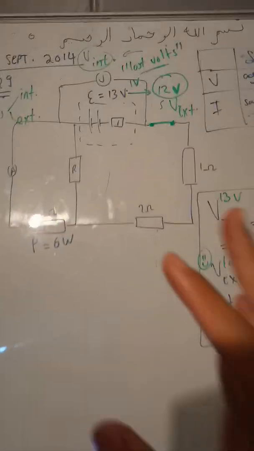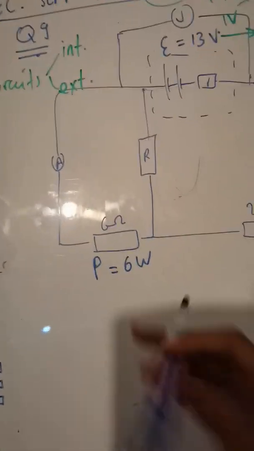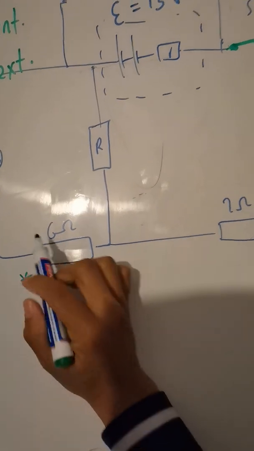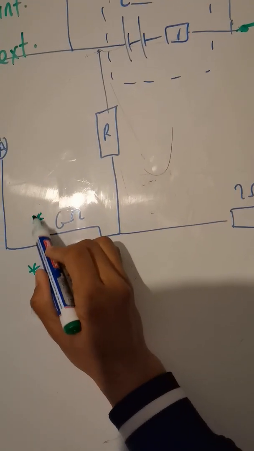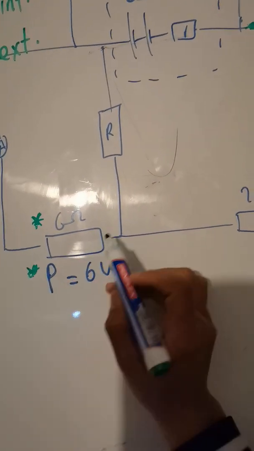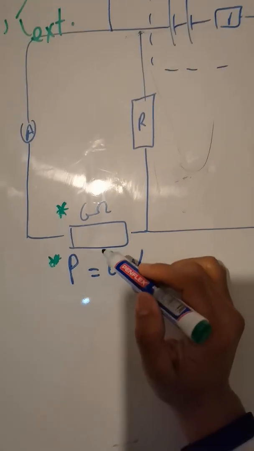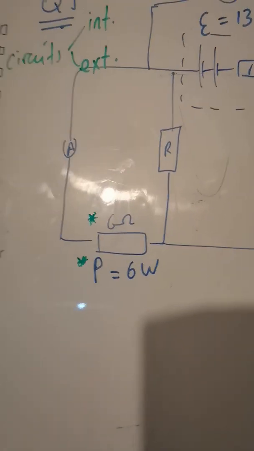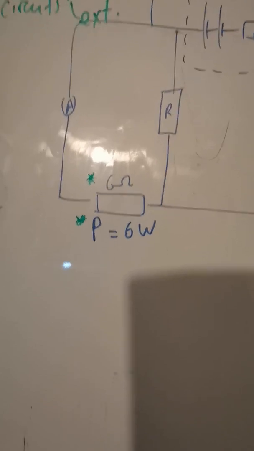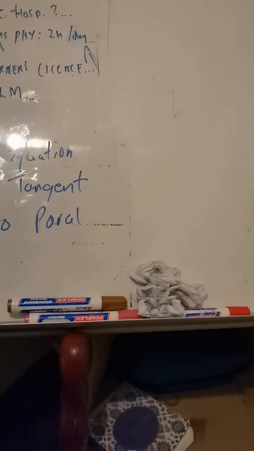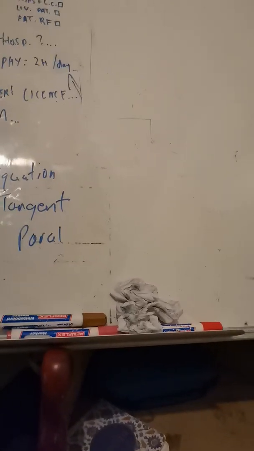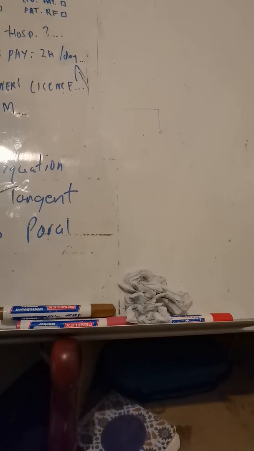Now, I'm not going to go to the question yet. Now they give us power and the 6 ohms. Always remember that if they give you two variables, keep in mind the power formulae. Anyway, let's go to our first question, 9.1. It says, explain briefly why the reading on the voltmeter drops.